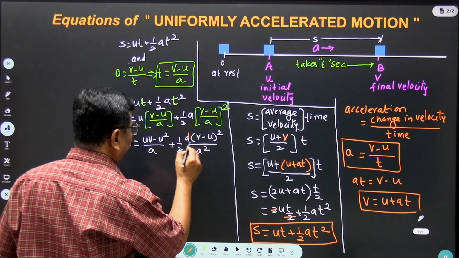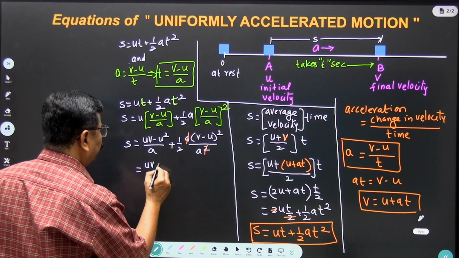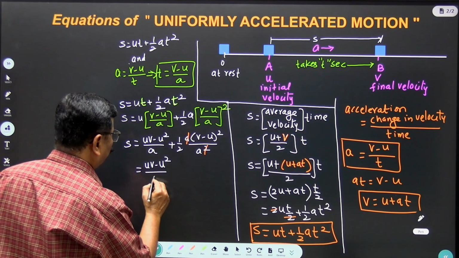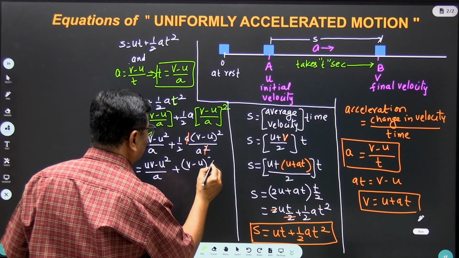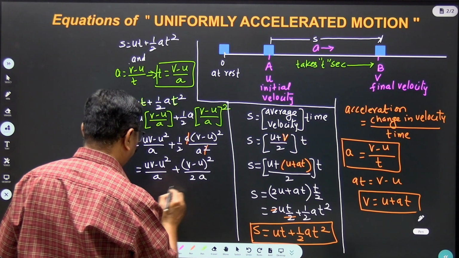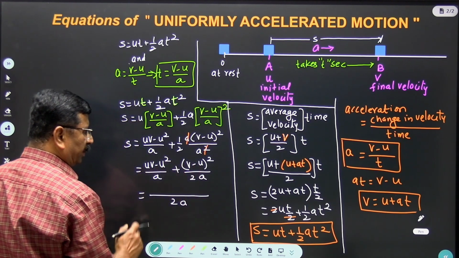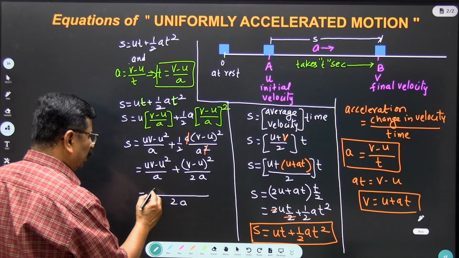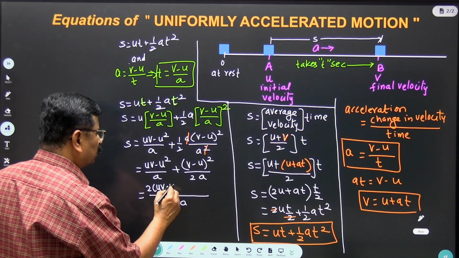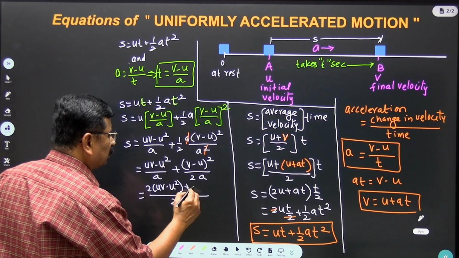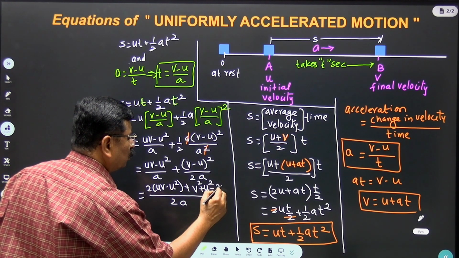So now here a will cancel. So we will get here uv minus u square upon a plus v minus u the whole square upon 2a. Now let's take LCM and open this bracket. So LCM is 2a. So this will be 2 into uv minus u square plus v square plus u square minus 2uv.